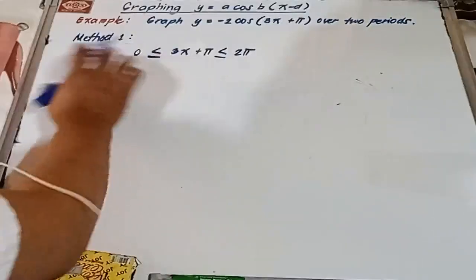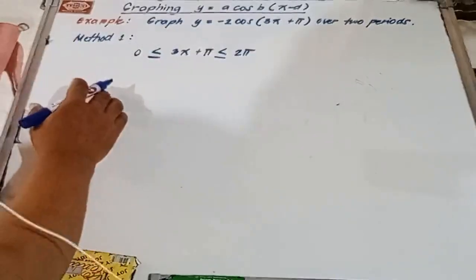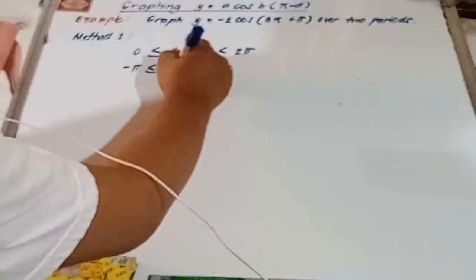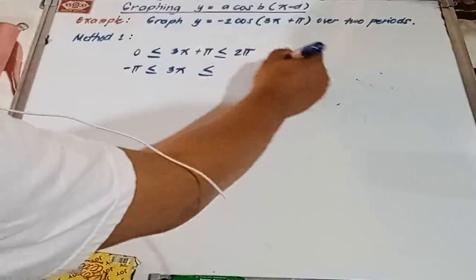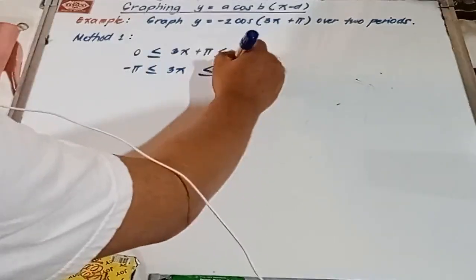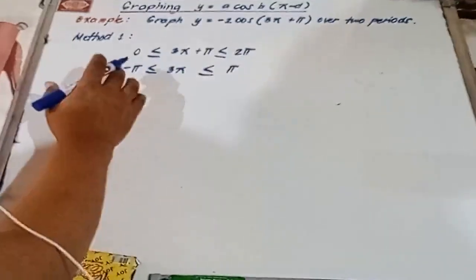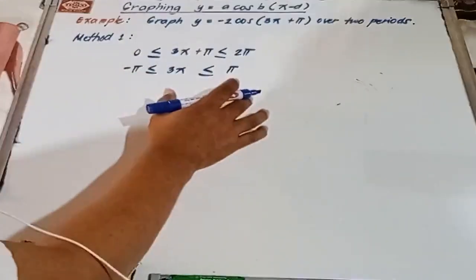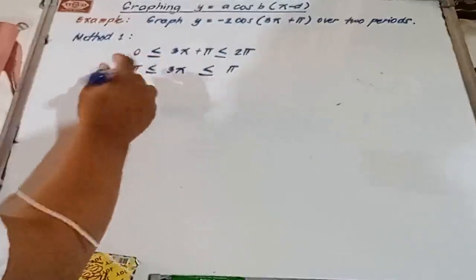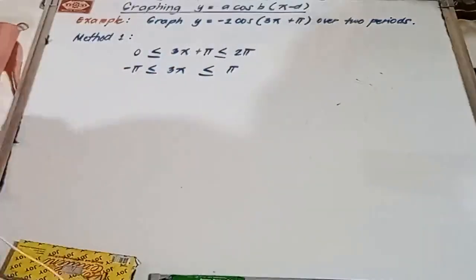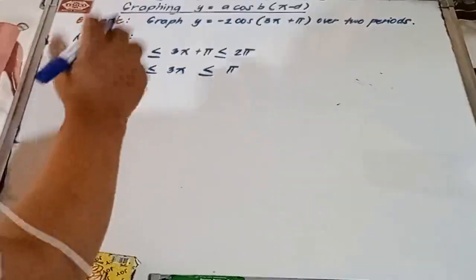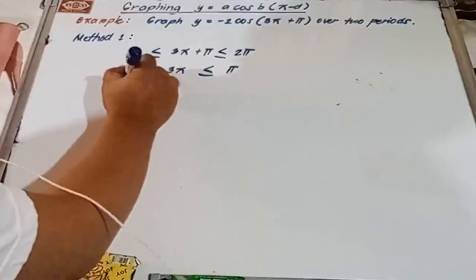Then I'm going to subtract all of the 3 parts by pi. So we have here negative pi less than or equal to 3x na lang. Minus pi here, matatanggalin pi, minus pi here, and also minus pi to 2 pi, that will become pi. And then I'm going to divide all of these 3 parts by 3 para ma-solve natin yung x. And that values of x, yun yung kanyang interval dun sa isang period.